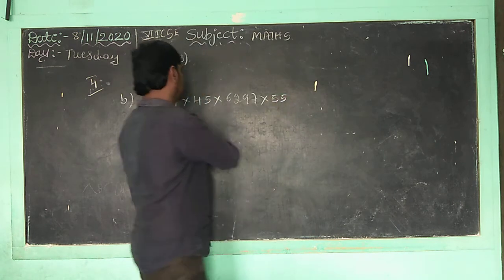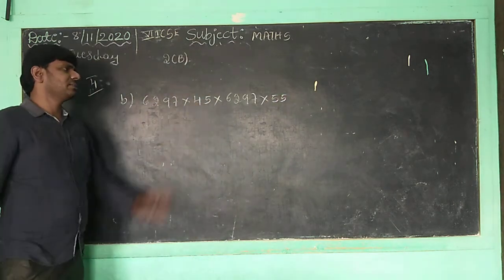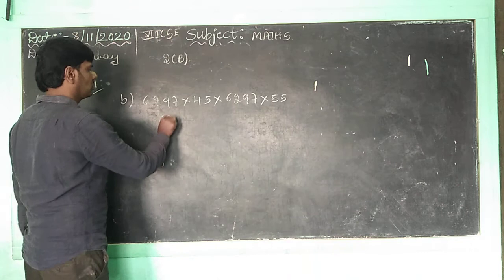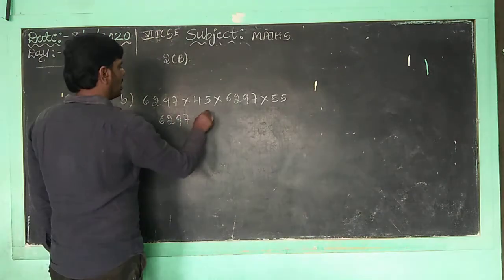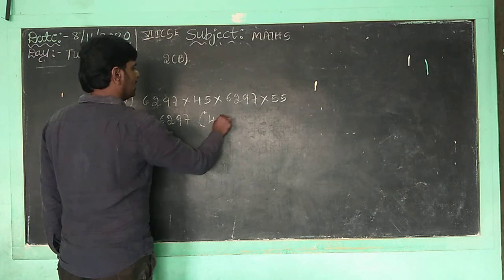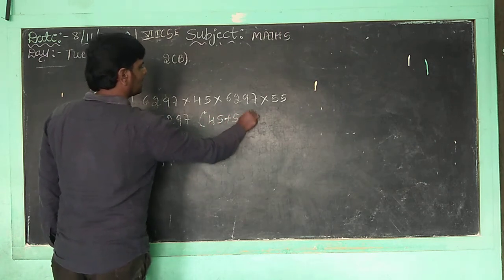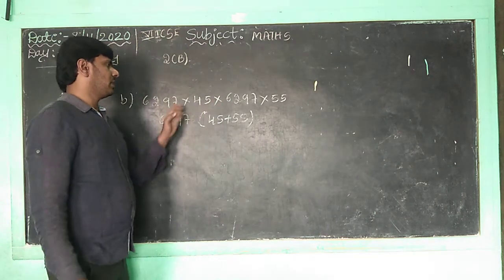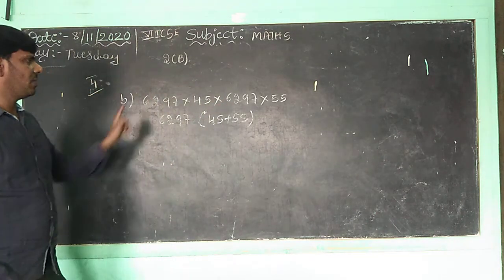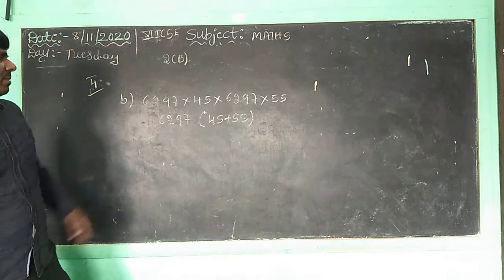Correct, children? Children, now you want to take the common number here also. 6297 is common, here also 45 is there, here also 55. Correct, children? Here 6297, the number repeated twice, you want to take common.